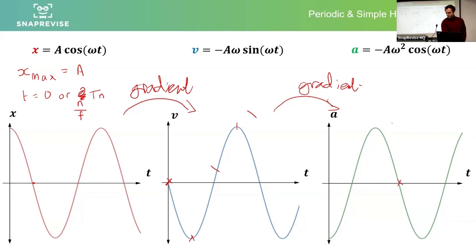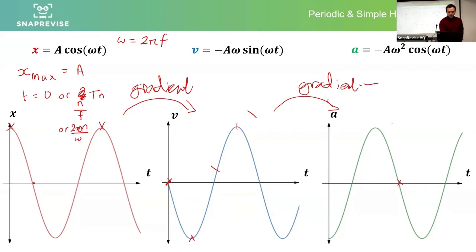But I also know that omega is 2 pi f. So I could also write that as t equals 0 or some integer times 2 pi over the angular frequency, 2 pi n over omega. That's when we'll have maximum displacement. And it will repeat forever and ever and ever.